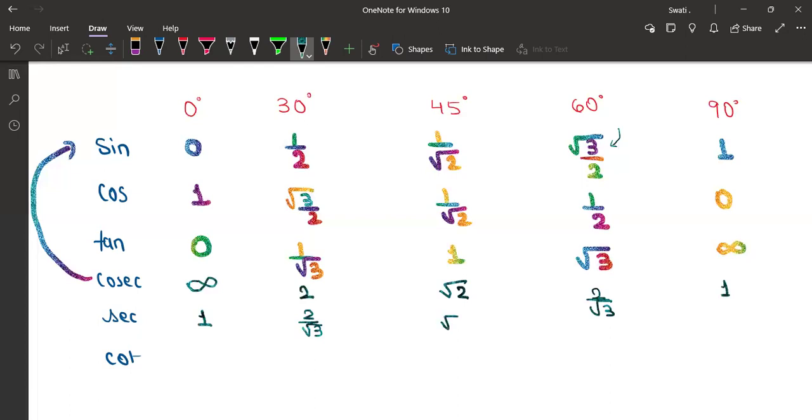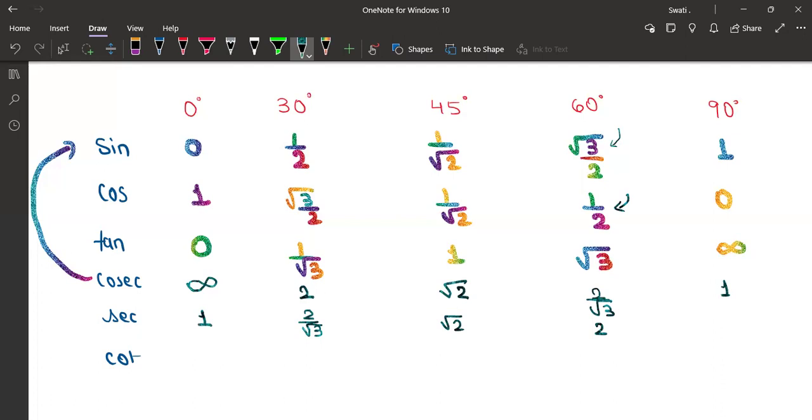Correct. Sec 60. If you do the reciprocal of 1 by 2, it is 2. Correct. And what is the value of sec 90?